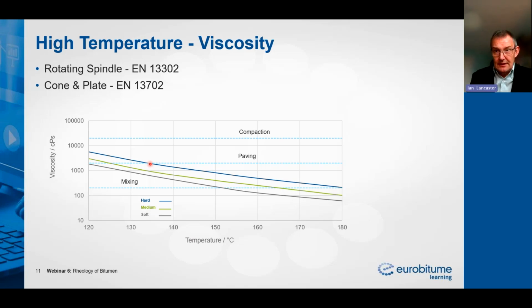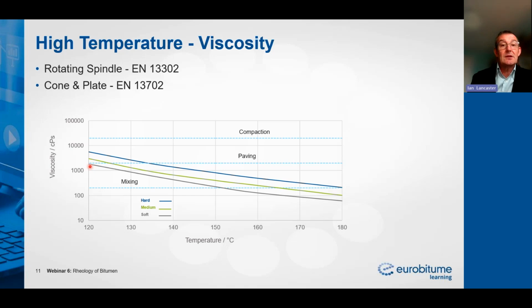The same sort of things apply here. So if we take our hardest paving bitumen and try and pave it when the temperature is too low, then we're going to find it difficult to get it through a paving machine.